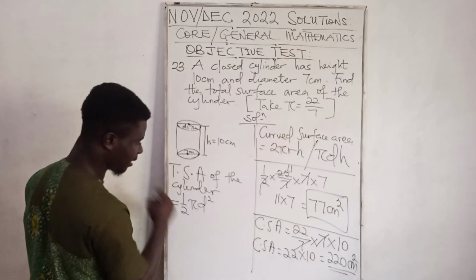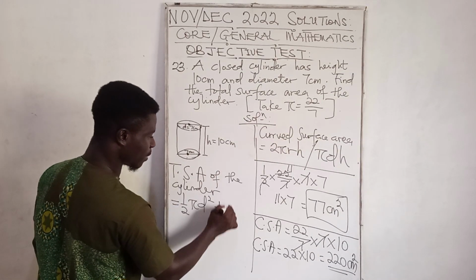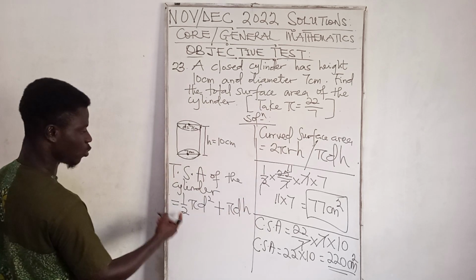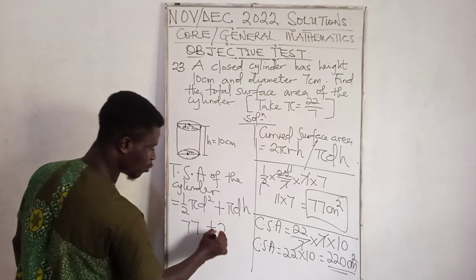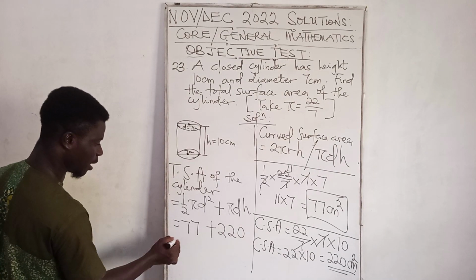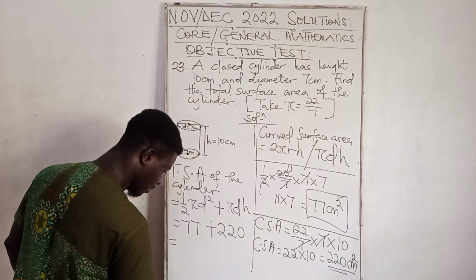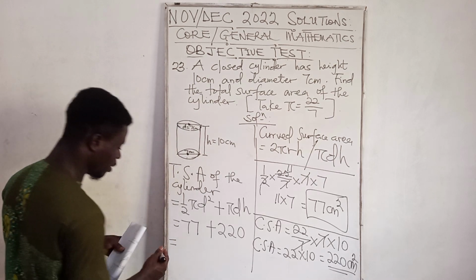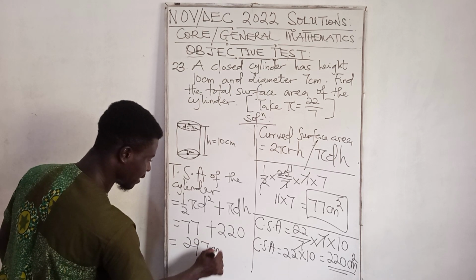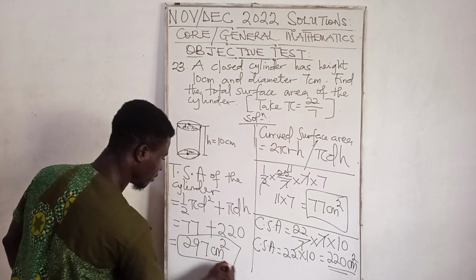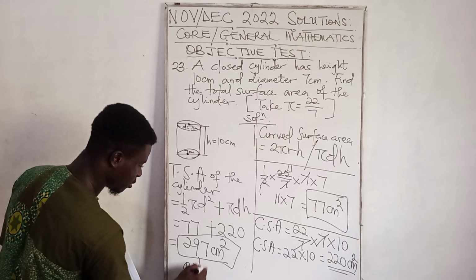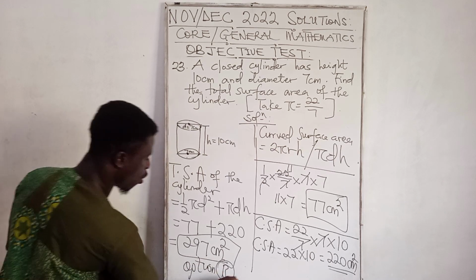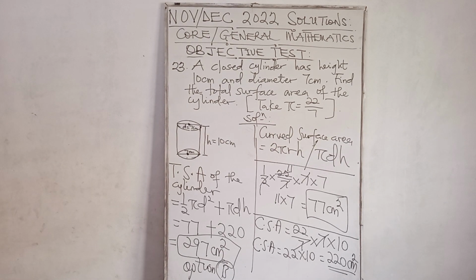Half pi d squared is 77, plus pi d h, which is 220. So 77 plus 220 gives 297 centimeters squared. So that's my answer, option B for boy.